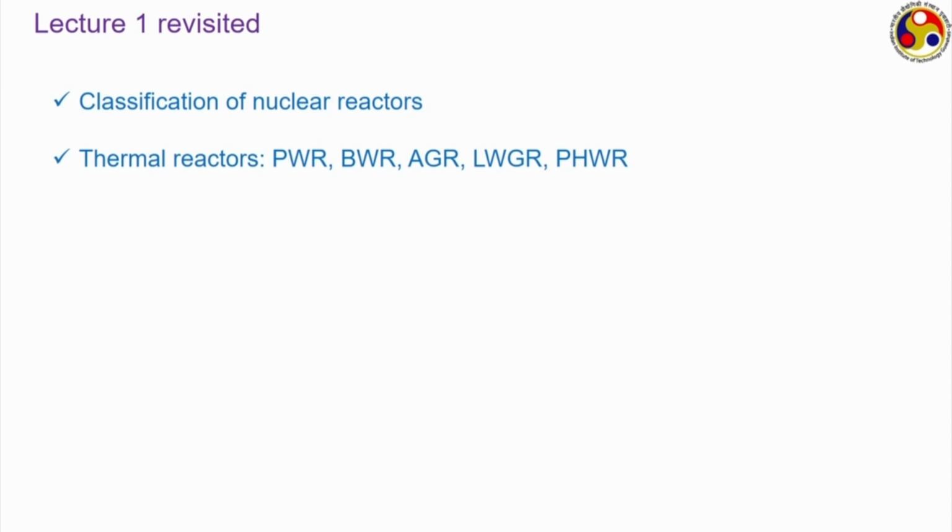Then we have the RBMK or LWGR, which is graphite moderated, but the coolant is light water or ordinary water. And finally, we have PHWR or the CANDU designs, where we use heavy water as the moderator as well as the coolant, pressurized heavy water.